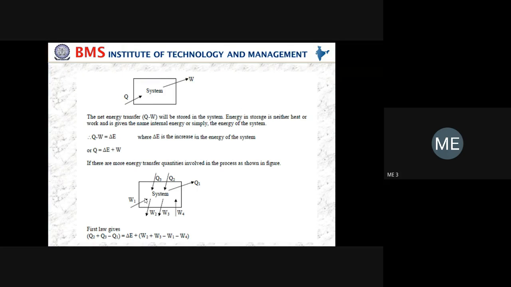W1 is work done on the system, so you have to take minus W1 plus W2 plus W3 minus W4. That's why you see the arrow mark. Work into the system, you have to take negative sign, and the work output from the system is positive. So minus Q1 plus Q2 plus Q3 equals delta E plus minus W1 plus W2 plus W3 minus W4. This is how to write the first law of thermodynamics equation.